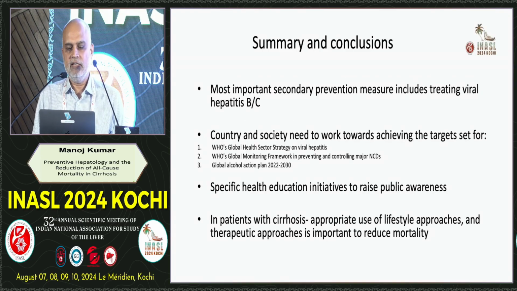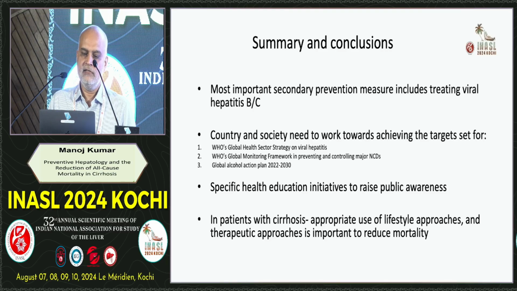The most important secondary prevention measures are early diagnosis and early treatment of viral hepatitis B and C. And we as a country and society need to work towards achieving the targets that have been set by WHO for viral hepatitis, for fatty liver and for alcohol.